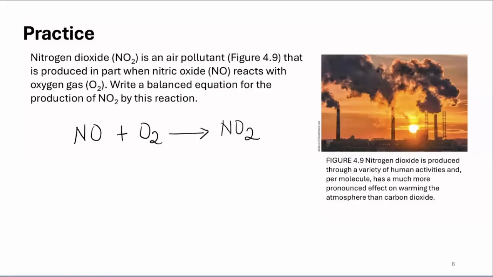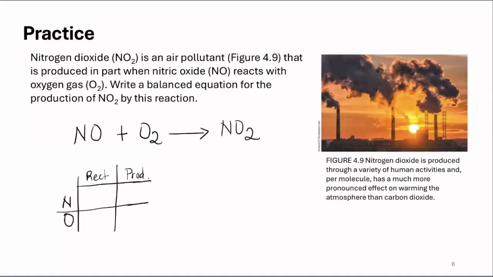Then we have to look at the number of atoms that I have specifically for each one of the elements that are present in my chemical equation. So if I make the list, I have nitrogen and oxygen as my only elements in my chemical reaction. I'm going to next write the number of each in the reactants versus the products.